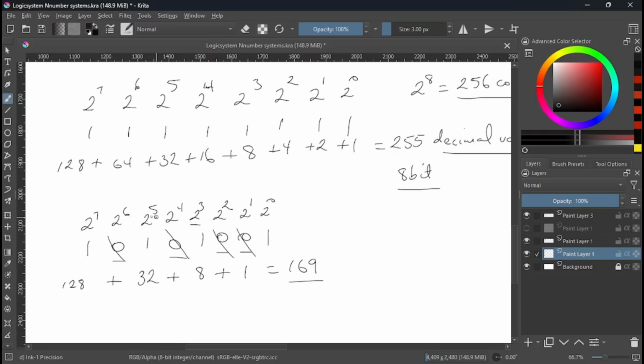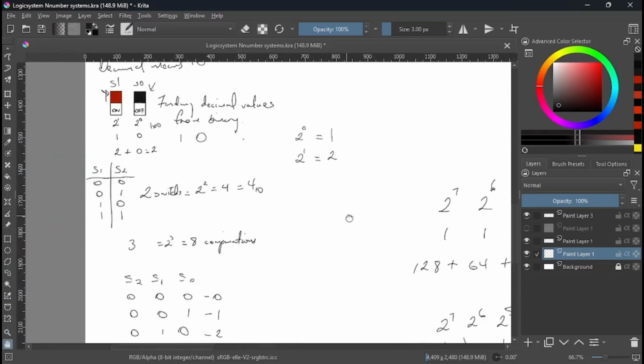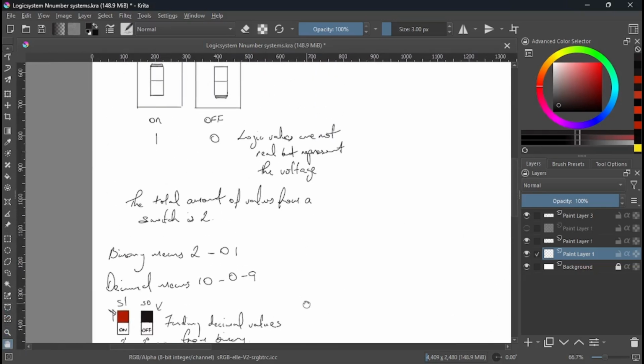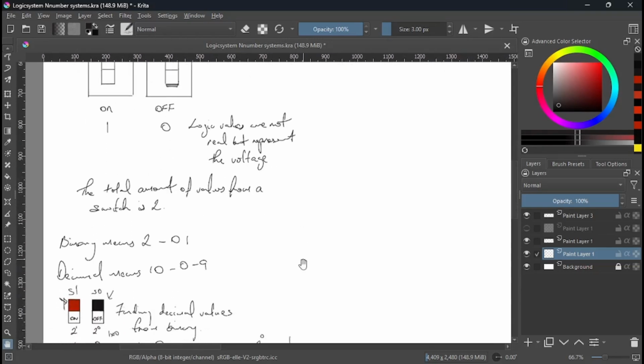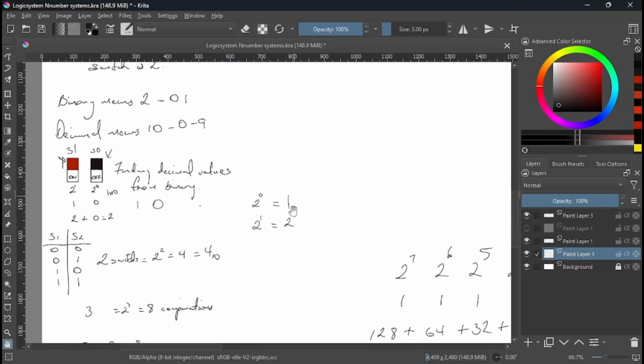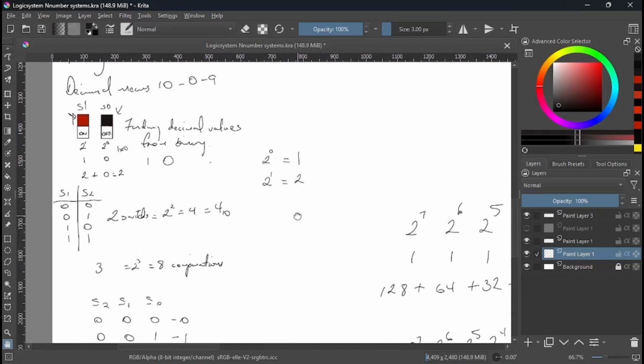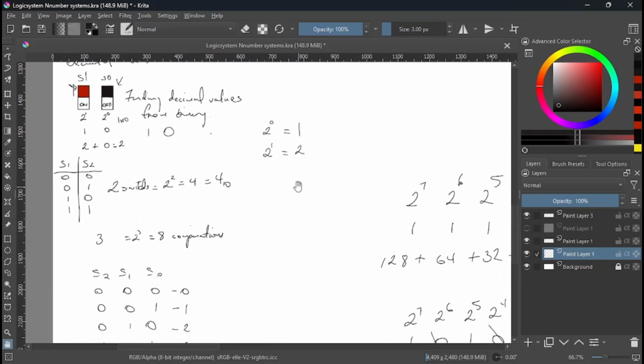First, we figured out what is binary, what is decimal, how to use binary to represent logical values, ones and zeros. Okay, how to calculate the amount of combinations you could get from different amount of switches.